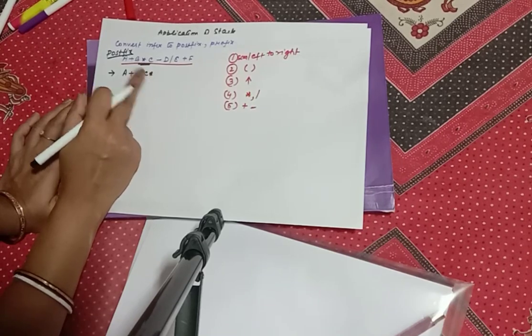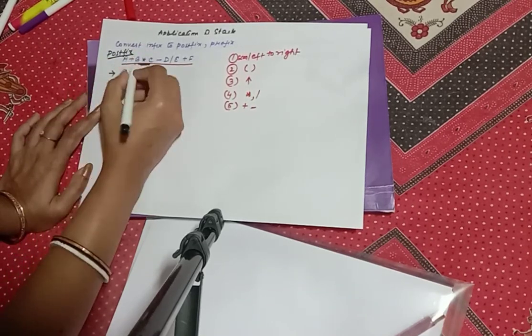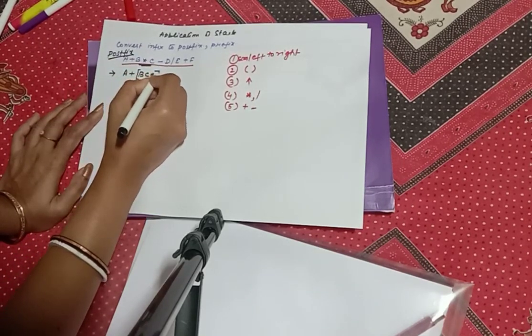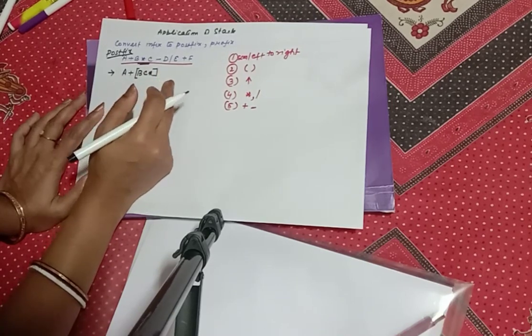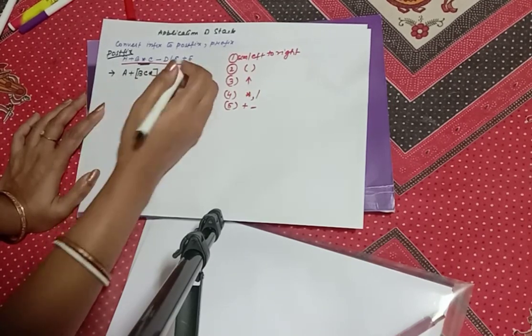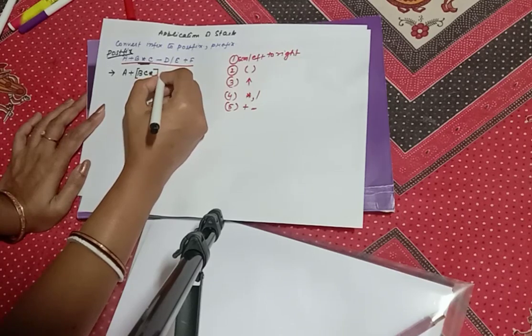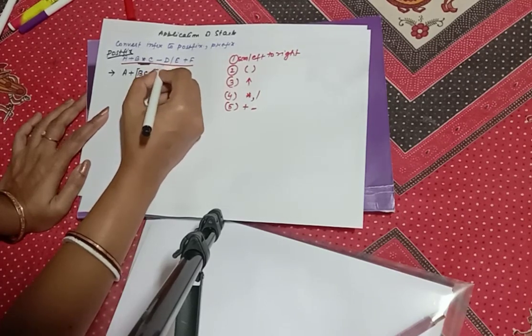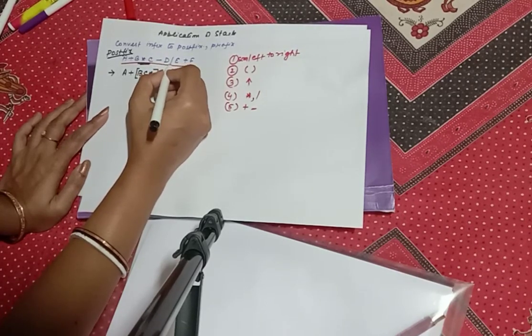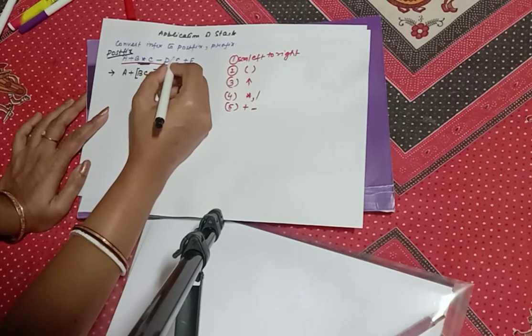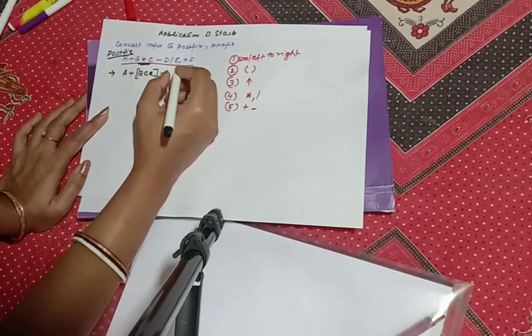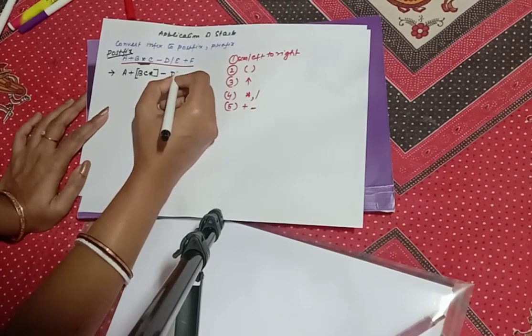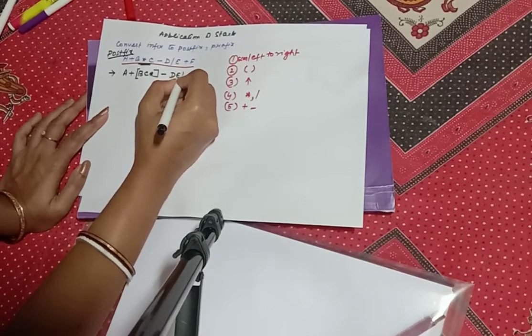Whenever you solve one part of the expression, it is better to put it in a third bracket. Then we write minus. Again we see that there is a division which has a higher priority over a subtraction. So we solve this portion also and we write like this.